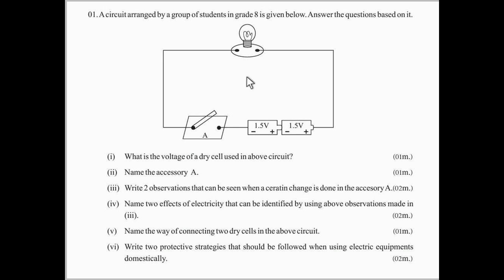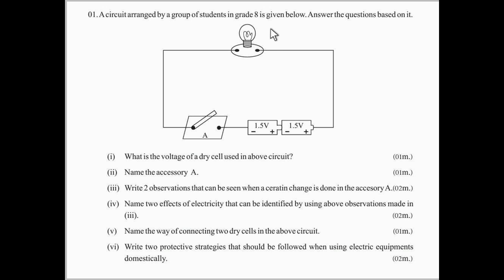You can see light in this bulb. First observation should be light in the bulb. What is the other one? The other one is you can feel heat on the bulb. Observation is any feeling to our sensory organs.